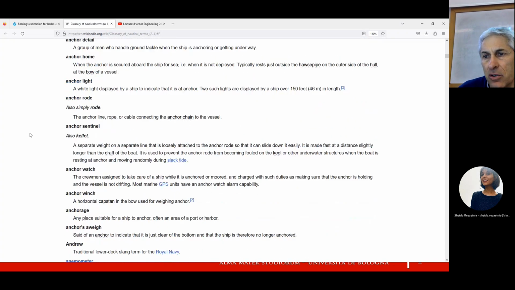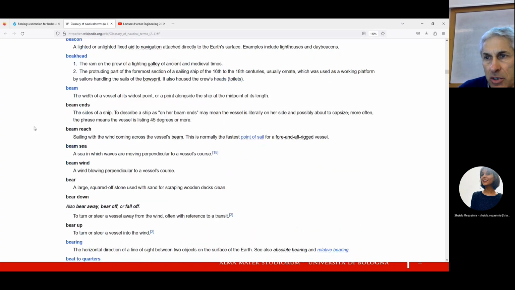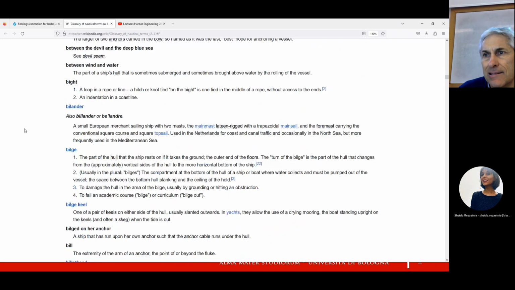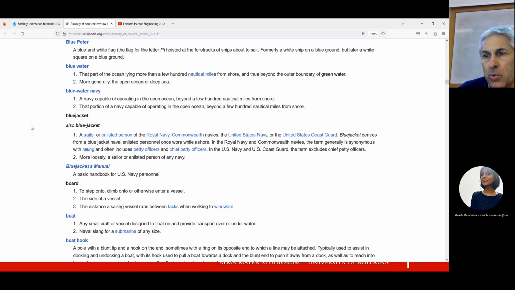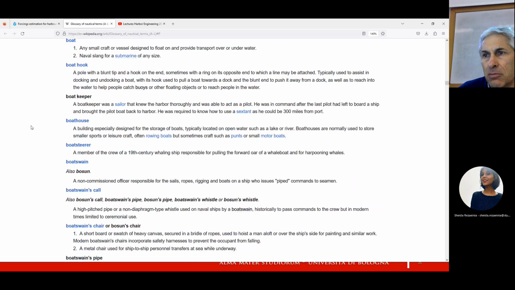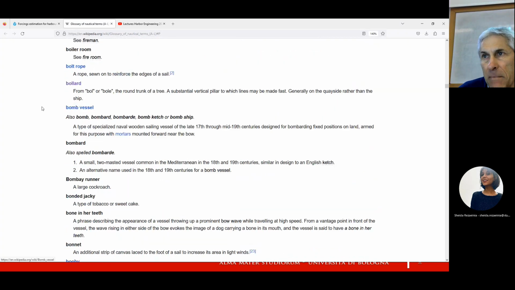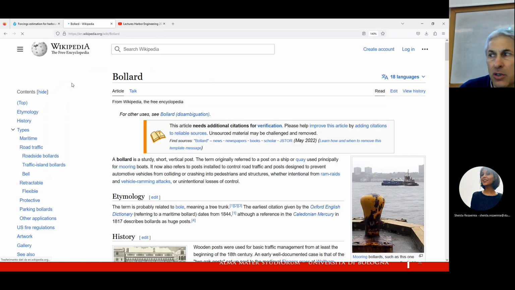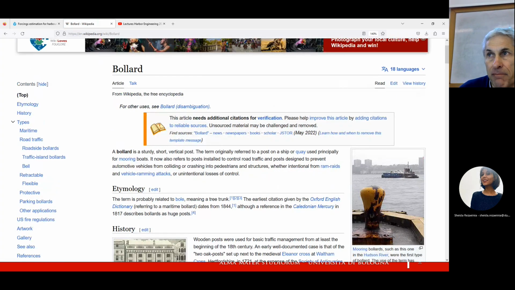For instance, if we didn't know what a bollard is, we can search here. There is also the search tool. Bollard, just one second. Body, bollard, here it is. And if you click on bollard, very often a picture is shown. It is indeed a useful page, this one.